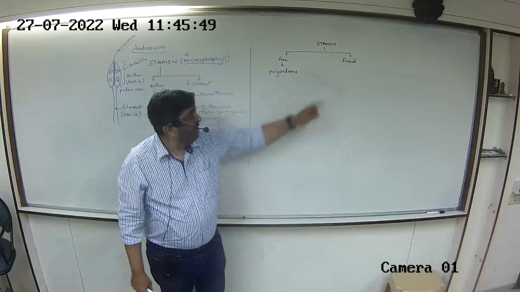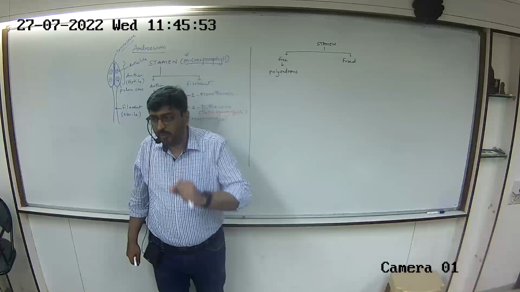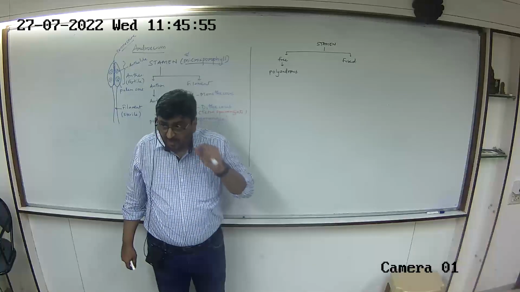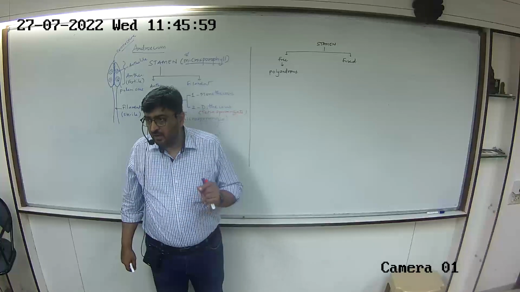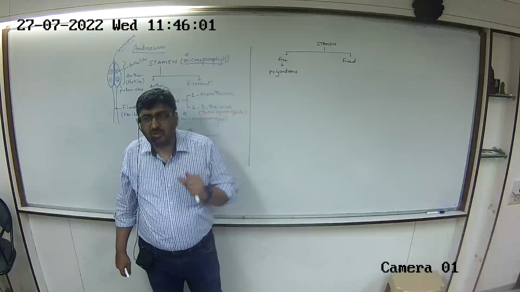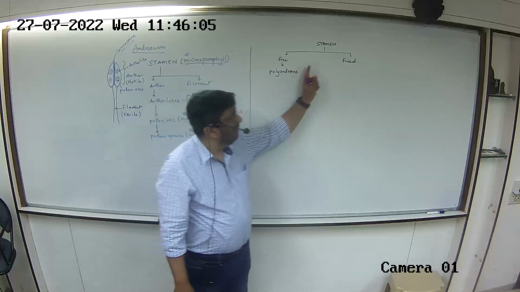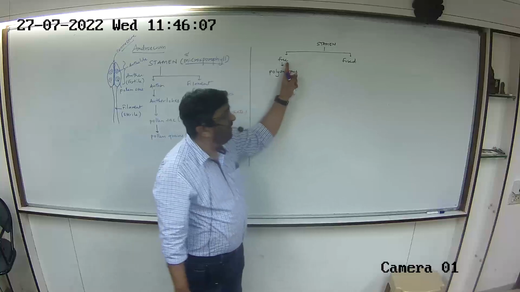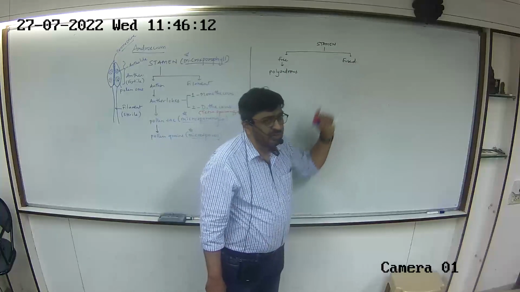Now, fusion of stamen can in itself be a very big topic, right? But we have to do that because NCERT has a mention of it, but it is a half-baked mention. Complete mention is not there. So stamen free condition is called polyandrous. Now we have to do the fused condition of stamen.